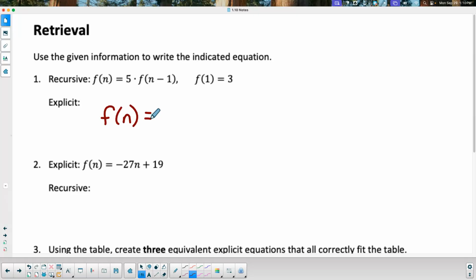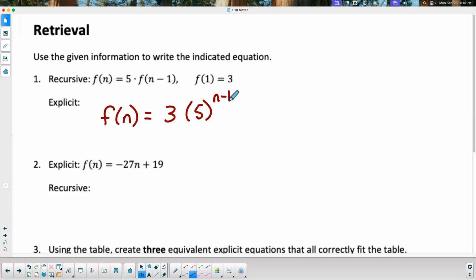Okay, so what I'm hearing you said 3 times 5 to the n minus 1 power. Yeah. Okay? Yep. Do we all agree with that?